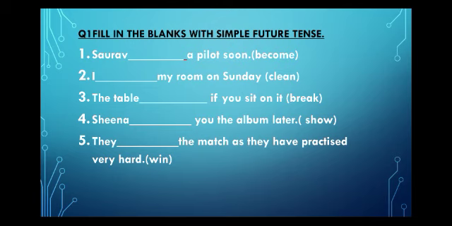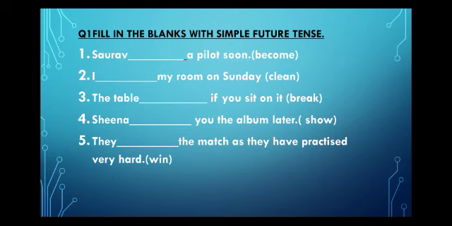Okay. The second sentence is I dash my room on Sunday. Okay. And in bracket, the verb that is given is clean. The next sentence, the table dash if you sit on it. Okay. This sentence is predicting the future, that if you sit on the table, it's going to break.